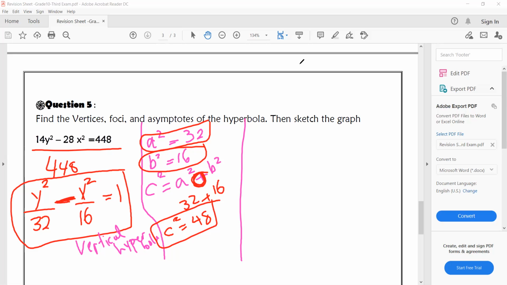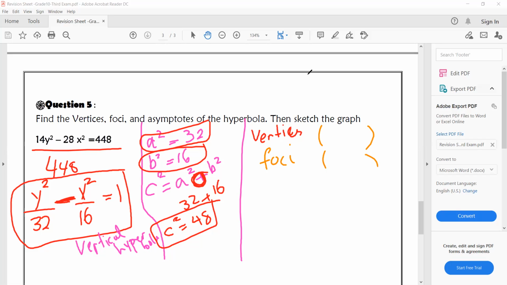So now, after we find a, b, and c, let's find the vertices. Since it is a vertical hyperbola, the vertices are (0, square root of 32) and (0, negative square root of 32). Since it is a vertical hyperbola, the value of the vertices will be on the y-axis.